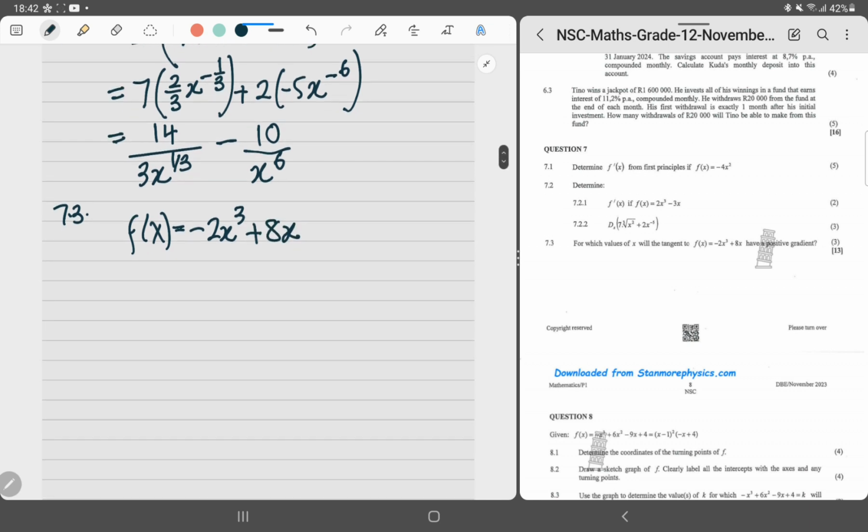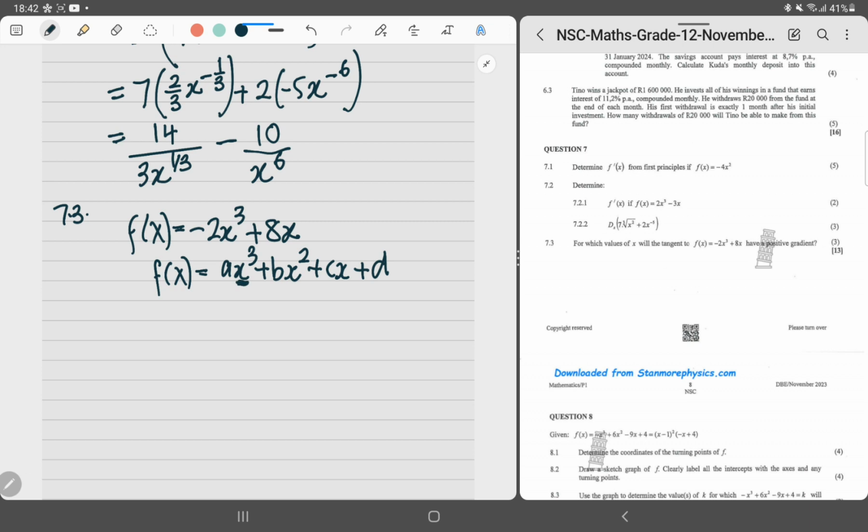So we are given f(x), and we know that the general formula for a cubic function is given by ax cubed plus bx squared plus cx plus d.